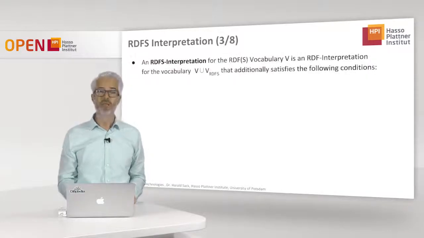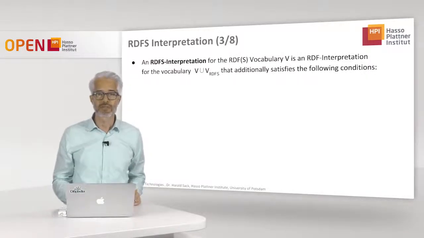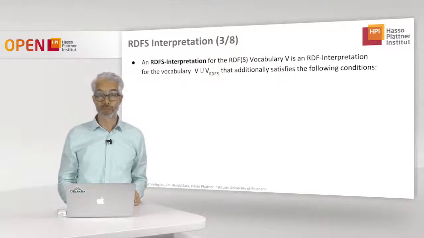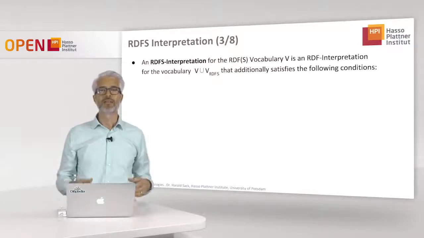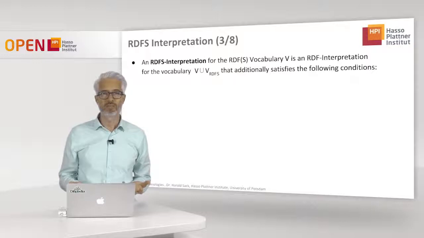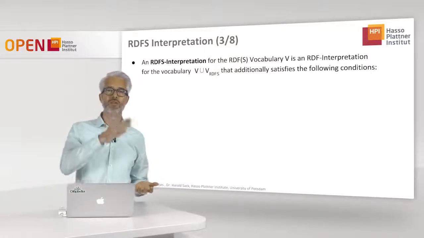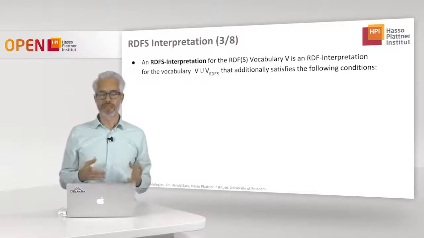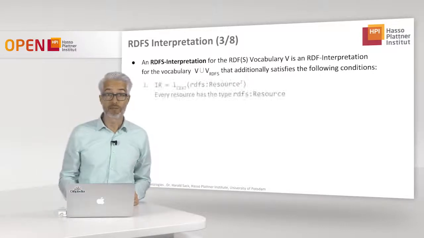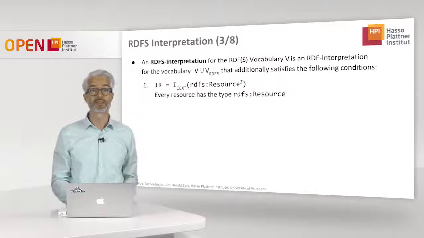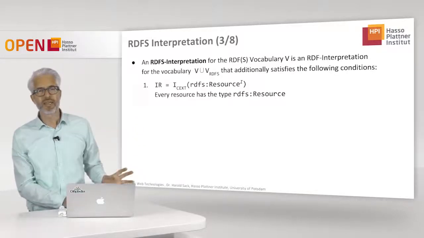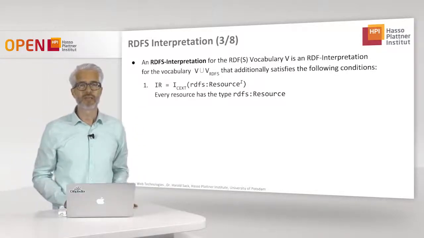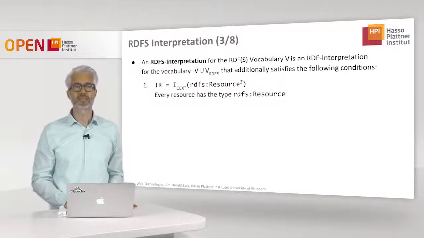So we start now and define what is an RDFS interpretation for the RDFS vocabulary V. And this is an RDF interpretation for the vocabulary V combined with the RDFS vocabulary that additionally satisfies, again, a set of conditions. So first one, let's start with that. We say every resource has the type rdfs:Resource.